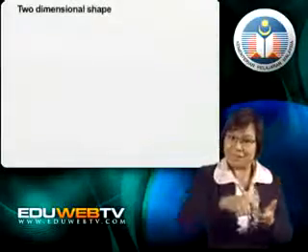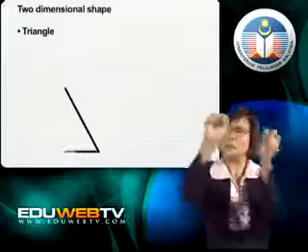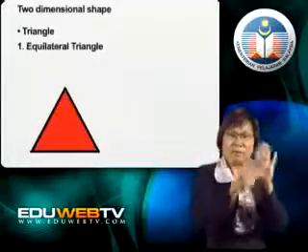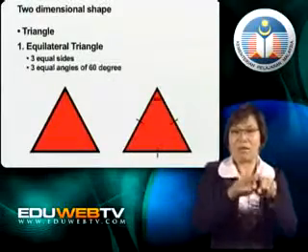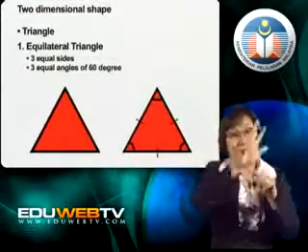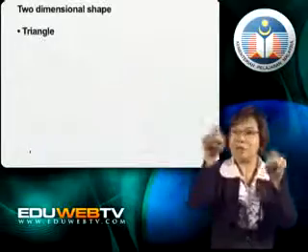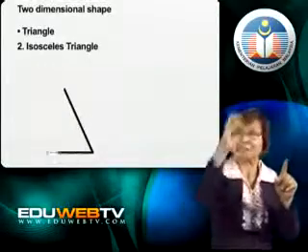Before we begin, let us look at this playback. There are many two-dimensional shapes. Let's look at some of the examples. Triangle. A triangle is divided into 1. Equilateral triangle. It has 3 equal sides and 3 equal angles of 60 degrees each. 2. Isosceles triangle.